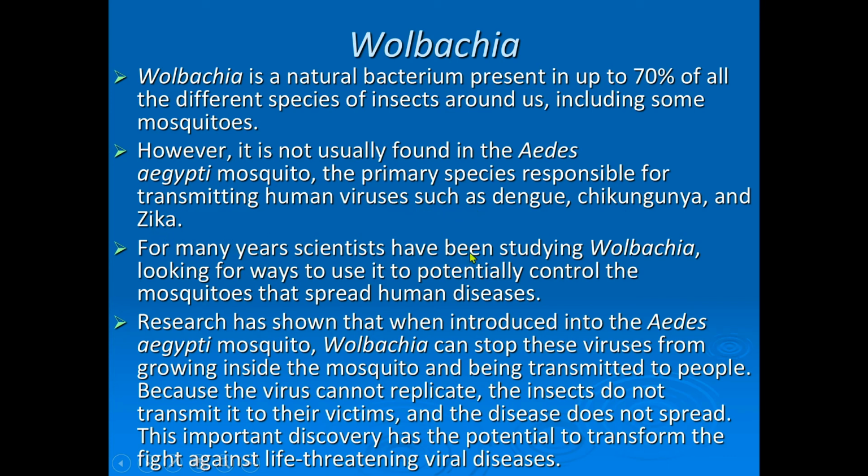So for many years, scientists have been trying to use Wolbachia to potentially control mosquitoes that spread these diseases, because they have found that when you introduce Wolbachia into Aedes aegypti mosquito, Wolbachia actually stops these viruses from growing inside the mosquito and being transmitted to people. So because the viruses cannot replicate, the insects will no longer transmit it to their victims and the disease does not spread.